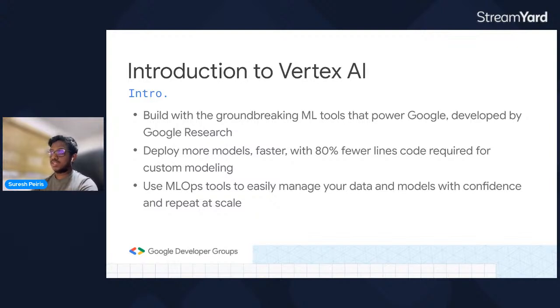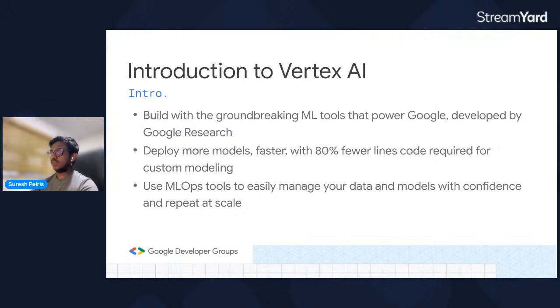Vertex AI is a unified AI platform that brings together all of Google's machine learning services under one roof. You can easily build machine learning models, deploy them, and scale them with Vertex AI's pre-trained and custom tooling. Also, you can use AutoML and other advanced ML components to greatly improve productivity and scalability when developing ML solutions on the cloud.